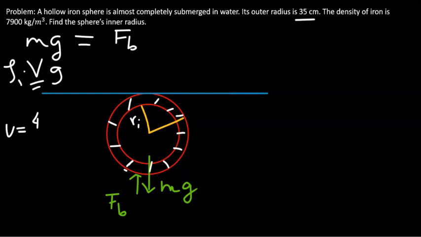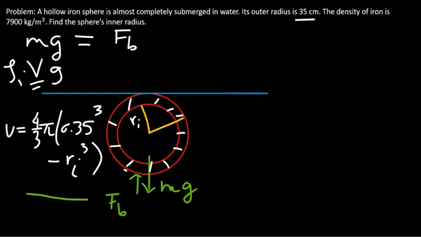It is quite simply 4/3 pi, the outer radius, which is 35 cm, turn that into meter, so 0.35 meter cubed, minus the inner radius cubed, r sub I cubed. And the way we arrive at this expression is by taking the volume of the bigger sphere with radius 35 cm minus the volume of the smaller sphere with radius r sub I.